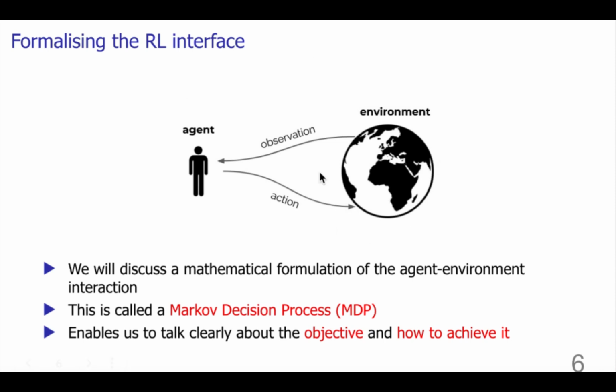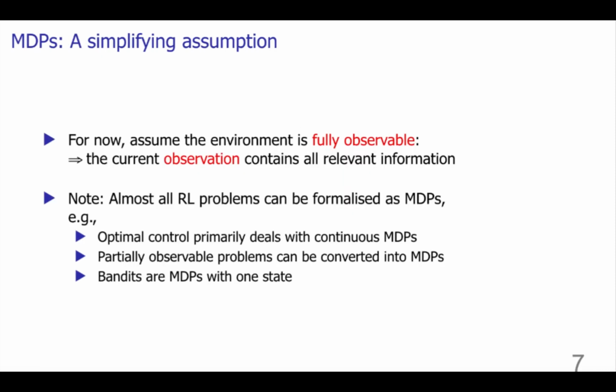So the dynamicity of a given reinforcement learning environment can be modeled by using Markov decision processes. This formalization enables us to talk clearly about the objectives and how to achieve our goals in this environment.